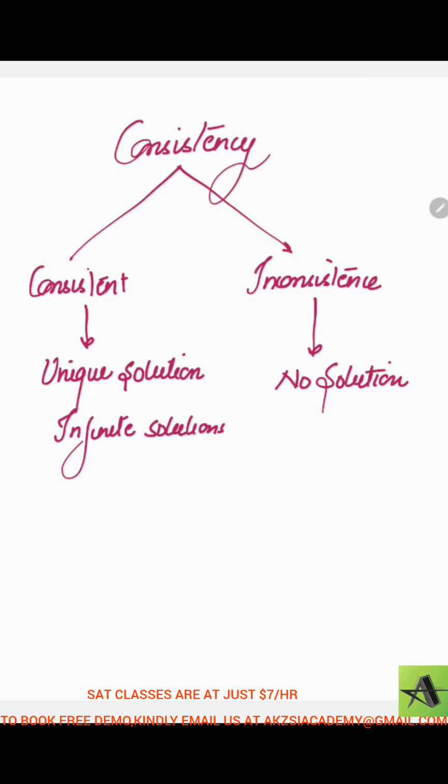So just by looking at the equation and doing a little bit of work, you can know whether it's consistent or inconsistent. So let me see what condition we have to apply to know whether the equation has unique, infinite or no solution. So first is unique solution.